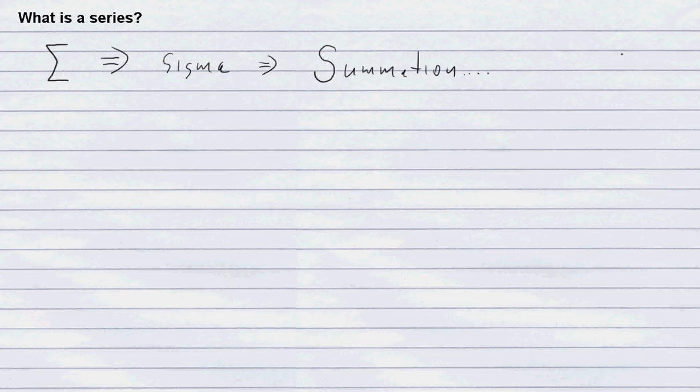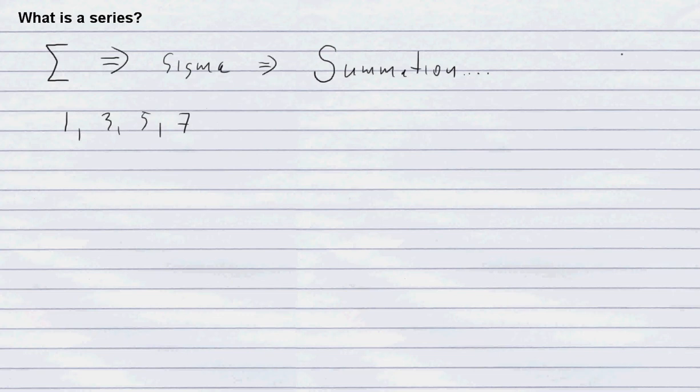Now in the case of a series, what that means is you're adding the terms of a sequence together. And when you add the terms of a sequence together, you get a series. So this is a sequence: 1, 3, 5, 7, and so on. Let's stick with 4 terms.